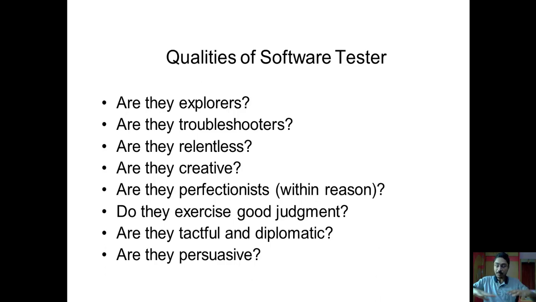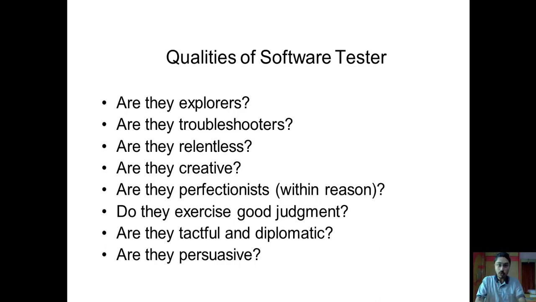You shouldn't stop there, but take that fix and go into detail of it, and find out whether there are any possible bugs in that fix itself. This is how you should be persuasive. You should convince them properly, get the fix, and within the fix also go in detail. That is the persuasiveness of a software tester.